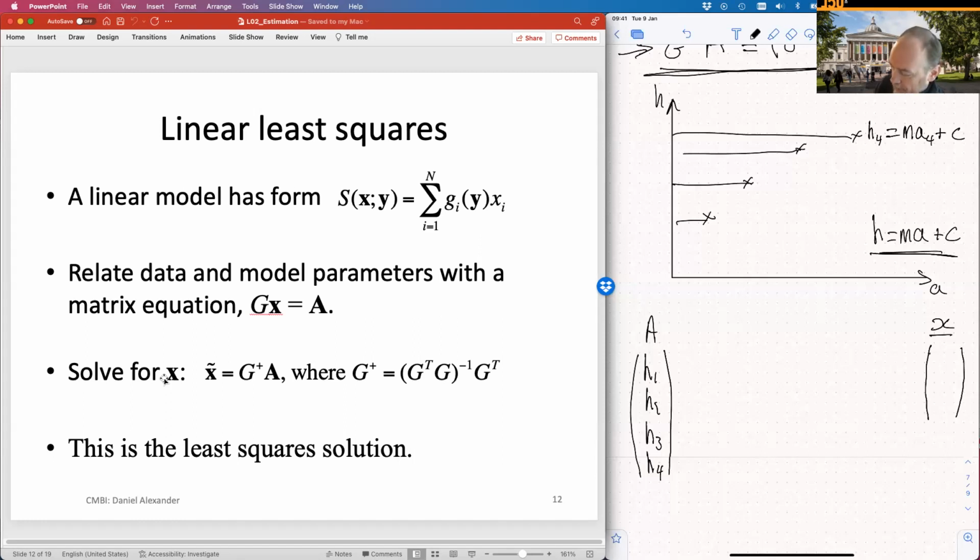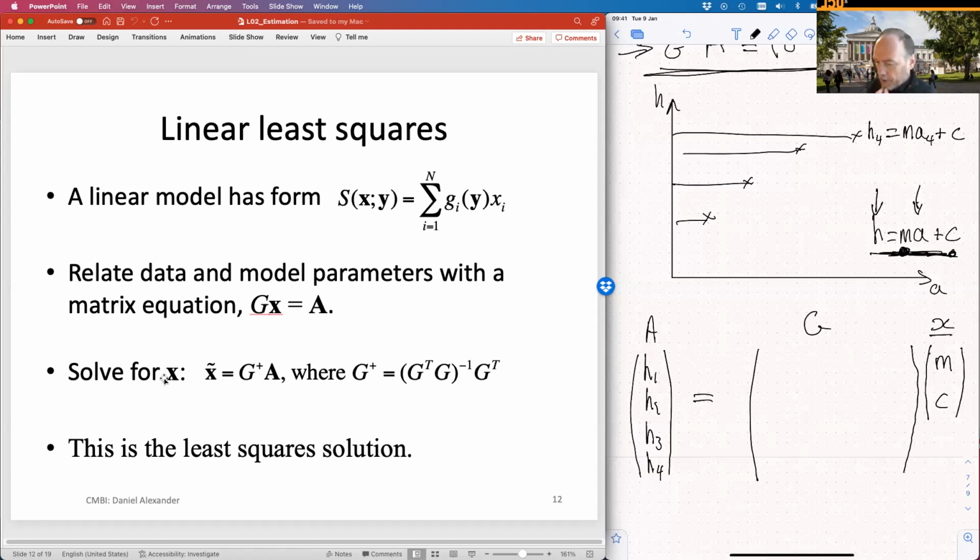Yeah, M and C. If we look at this equation here, we know the A's. These are the ages at which we made the measurements. These are effectively our device settings. We chose those and we know what they are. The H's here are our measurements. The model, of course, is parameterized by the gradient, the slope of the line, and the intercept of the line, M and C. So let's write those in there. There we go. So all we need to do then is to construct this G matrix.